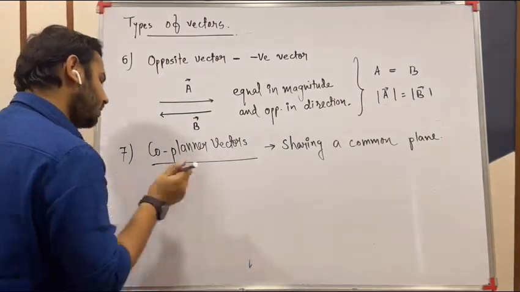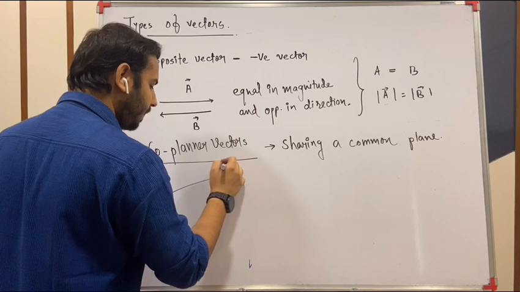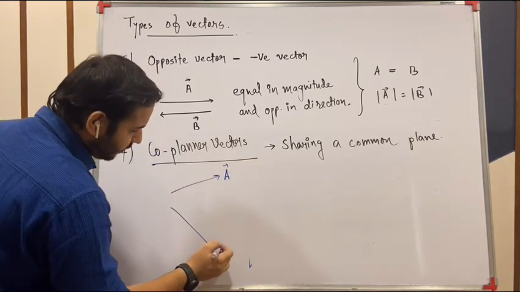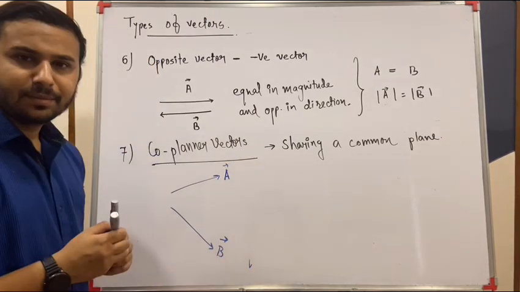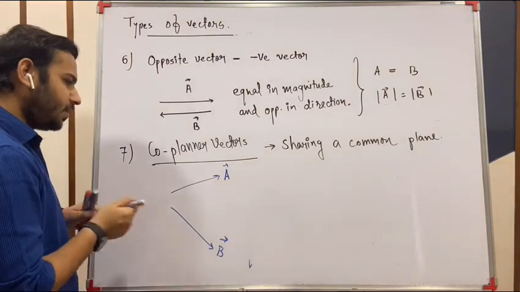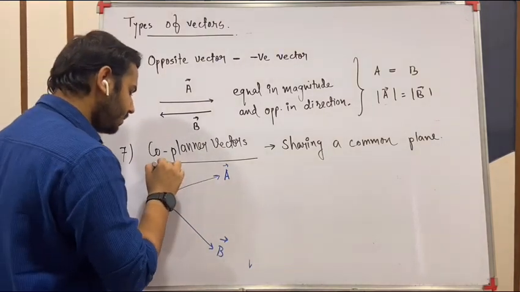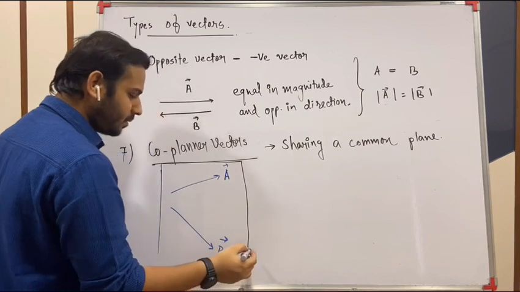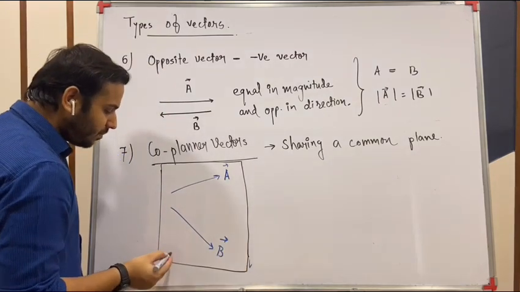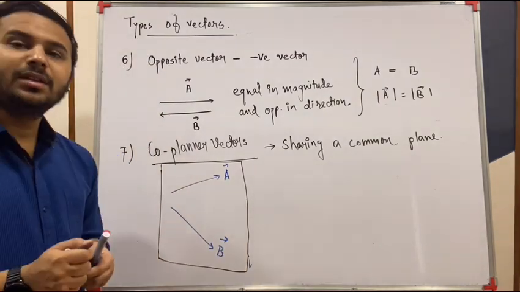So this is vector A. Okay, this is vector B. Understood? So these vectors are in same plane. These vectors are in same plane.